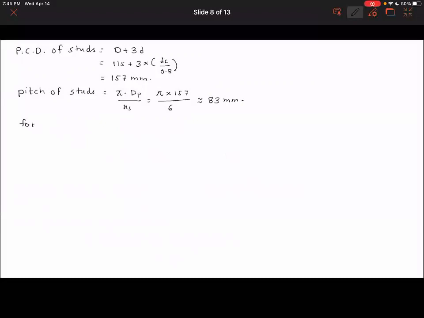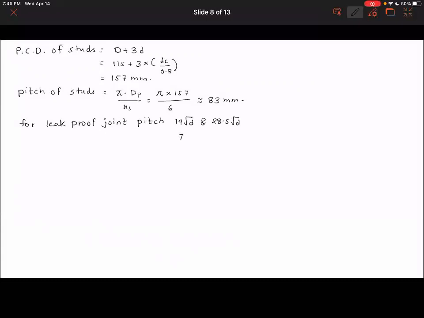And then you can check if the joint is leak proof. So for leak proof joint, pitch should be somewhere between 19 square root d and 28.5 square root d.